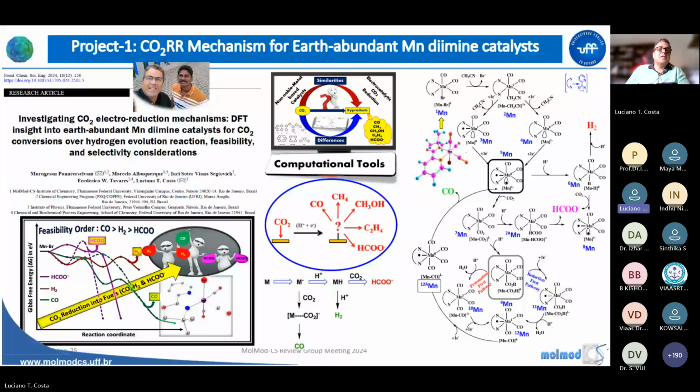In this work, Panir investigated this catalyst to convert CO2 into many other raw materials, for example synthetic gas, carbon monoxide, methanol, formic acid and so on.